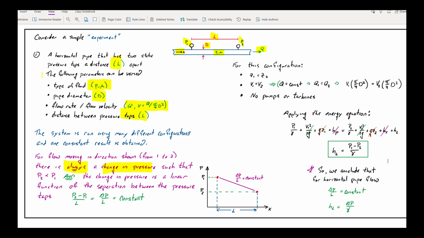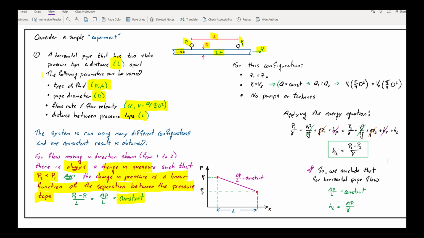And we find that P2, the downstream pressure, is always less than P1. The other important result is that it's not an arbitrary change. The change in pressure is a linear function of the separation distance between the pressure taps. So we find that P2 minus P1 divided by L is a constant.